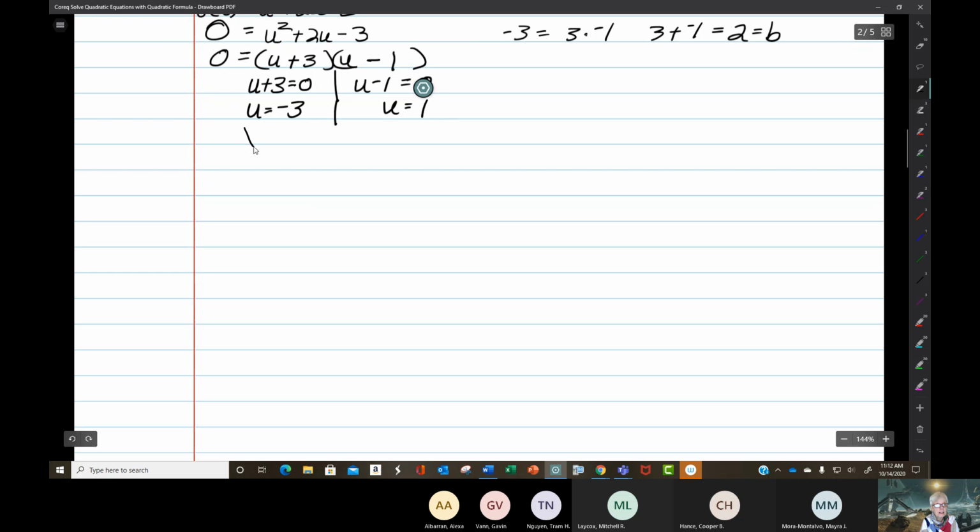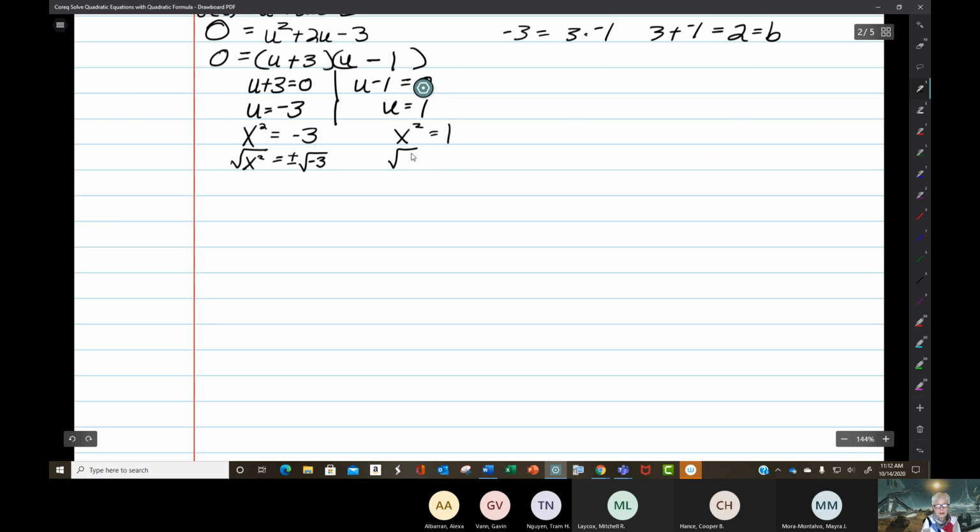So we're going to have x squared equals -3 and x squared equals +1. And I will then use the square root principle to solve these. Take the square root of both sides. x equals plus or minus the square root of -3.